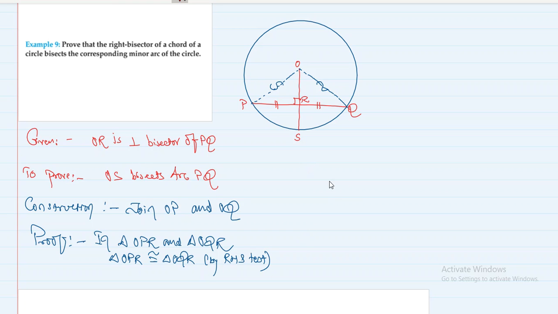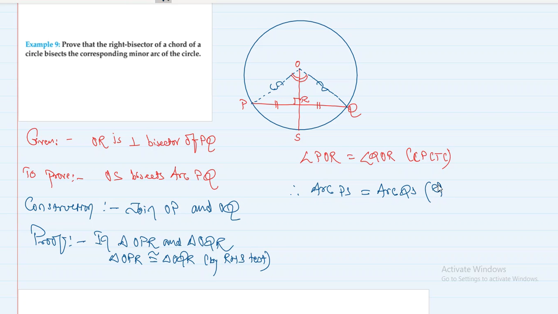If these two triangles are congruent by the RHS test, we can say that angle POR is equal to angle QOR, by CPCTC. That means we have proved these two angles equal. And we know that equal arcs subtend equal angles at the center. Therefore, arc PS is equal to arc QS.